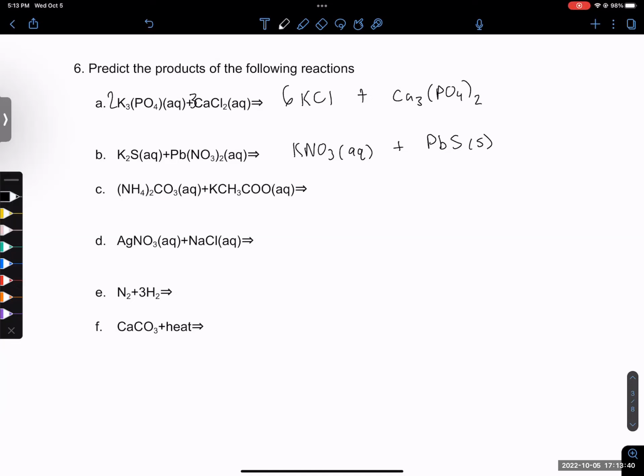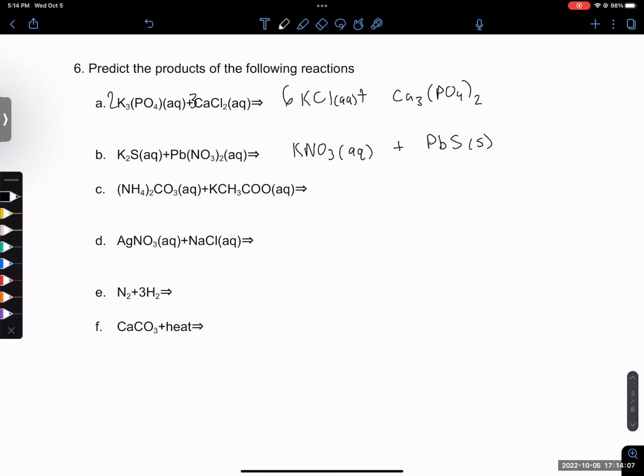And what about, let's go do these up here. We already said potassium chloride is aqueous. What about calcium phosphate? Calcium is not in the first group.